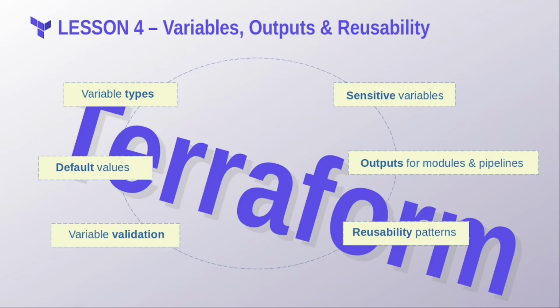Terraform becomes powerful when the same code can work for staging, development, and production without rewriting everything. And to do that, we need three core concepts: variables, validation, and reusability patterns.